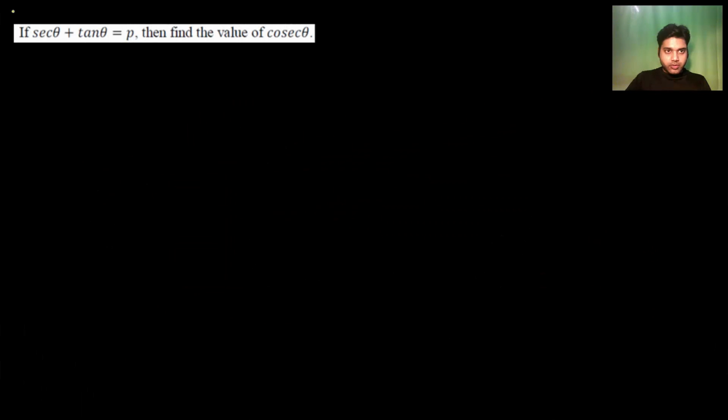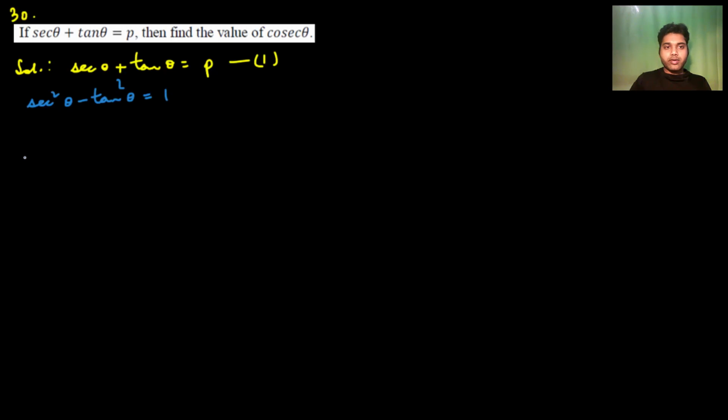This brings us to the last question, question 30. If sec theta plus tan theta equal to p, then find the value of cosec theta. So given is sec theta plus tan theta equal to p. Let's call it 1. Now what is sec square theta minus tan square theta? That's a standard result. It's equal to 1, right?